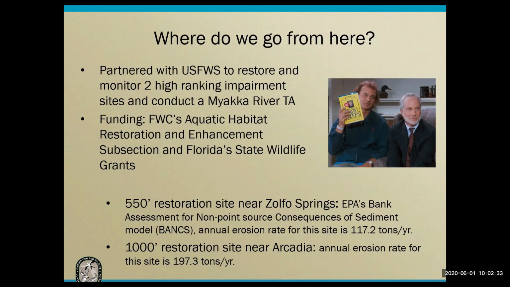The erosion rate for this site is about 120 tons per year. The second site, the 1,000-foot restoration site near Arcadia, had an annual erosion rate of about 200 tons per year. So 200 tons per year is equal to about 20 dump trucks every year dumping their load in the river right there. So kind of alarming. Next slide, please.